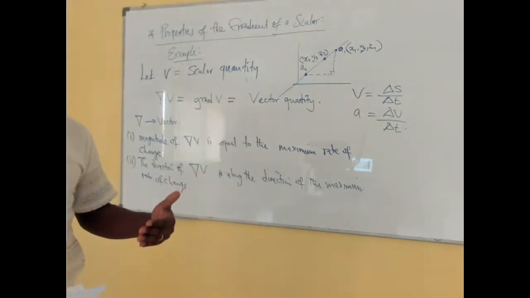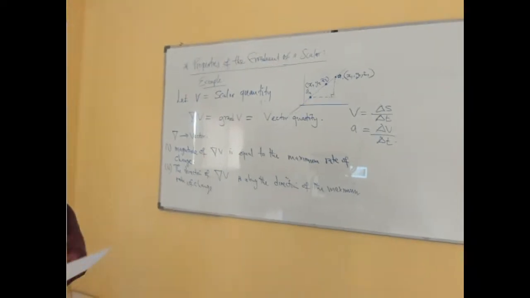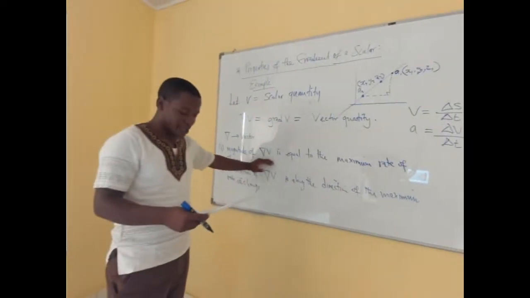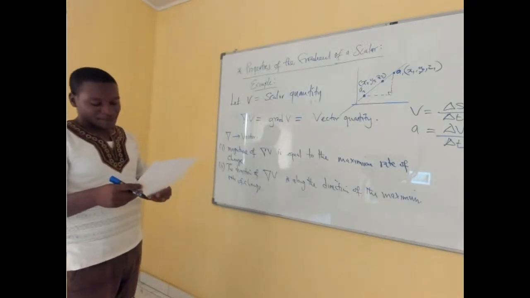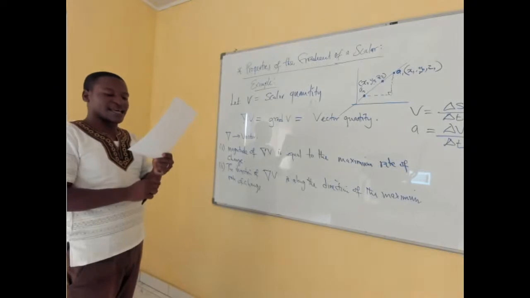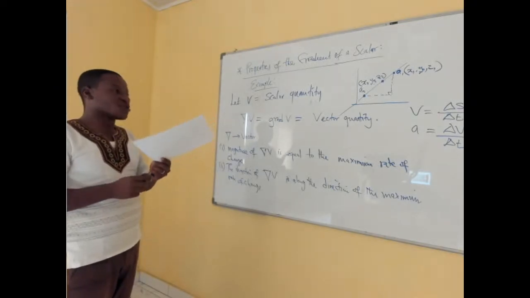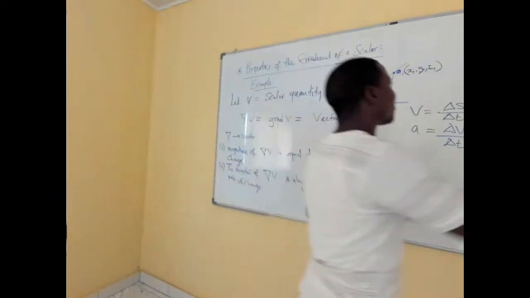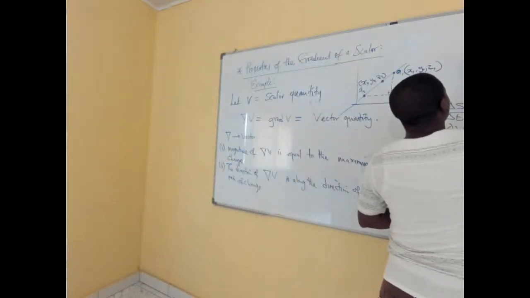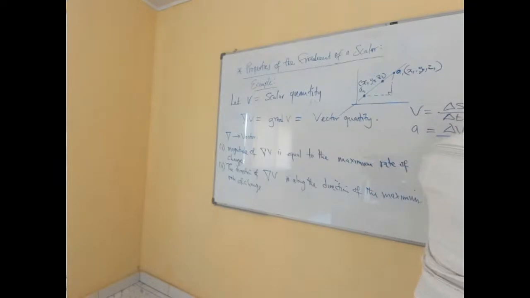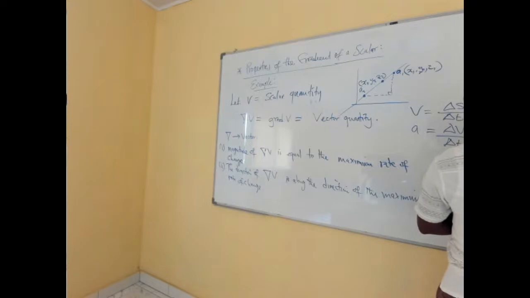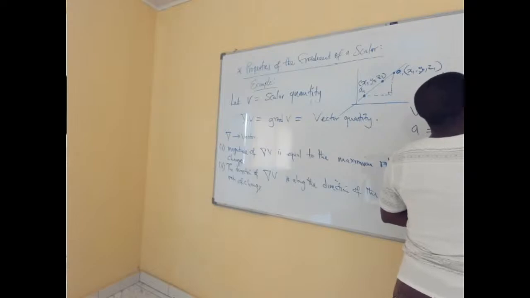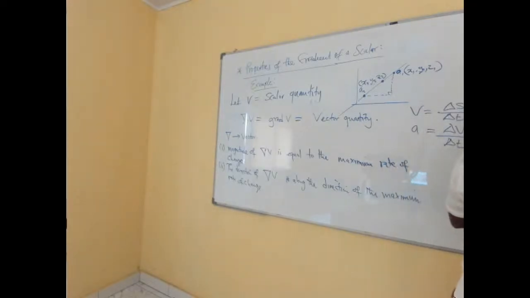Then number 3: the gradient of V at any point is perpendicular to the radius.